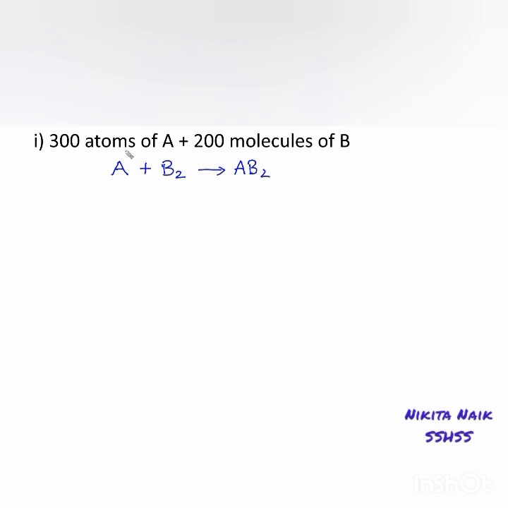Now, if the required quantity is more than the given quantity, then our substance is the limiting reagent. Otherwise, the other substance will be our limiting reagent. And if the required quantity is equal to the given quantity, then the complete reaction will take place.